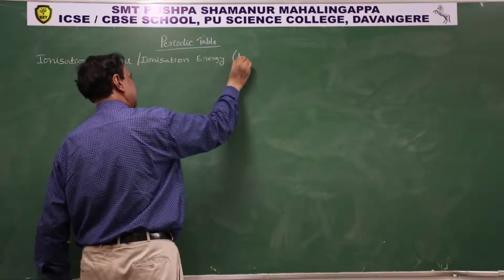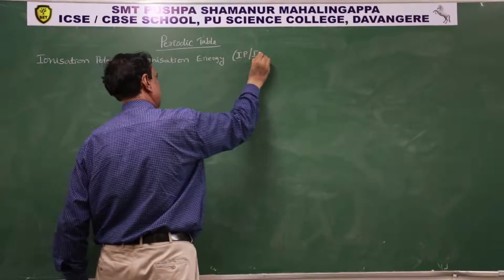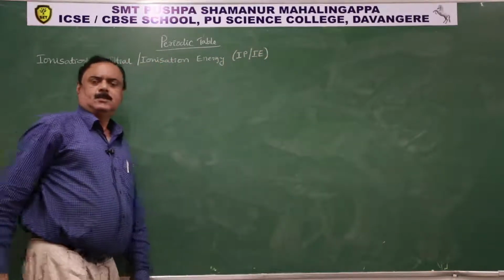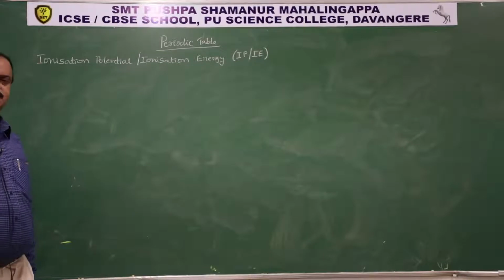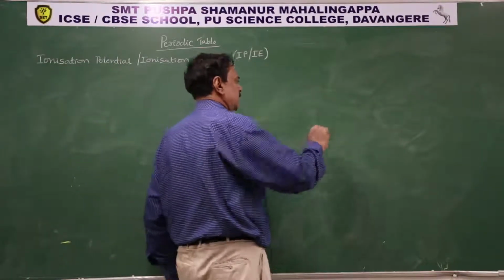This is often called IP values or IE values. Now, what do you mean by IP values or IE values?